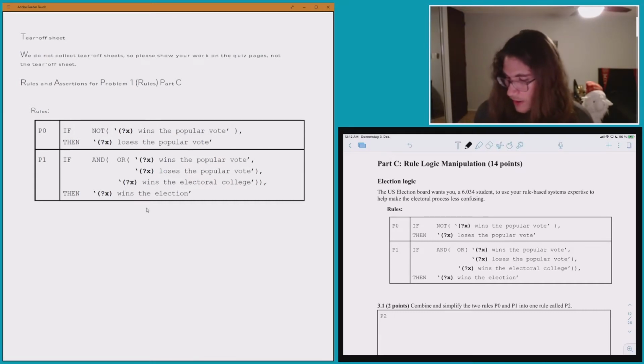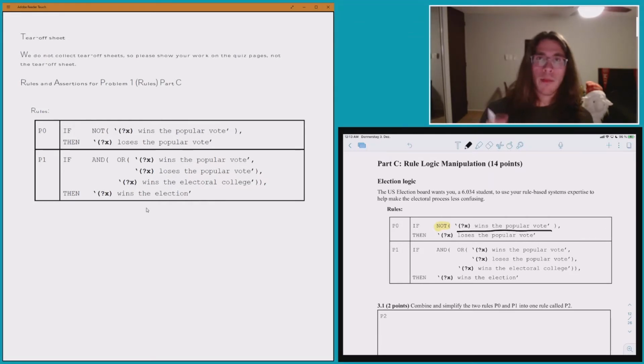And the way I start thinking about this is this not raises a red flag immediately. The reason is that not works like this: if a pattern doesn't match any assertions, in the case of an antecedent trying to match assertions, then it yields false, and then not will turn it into true.